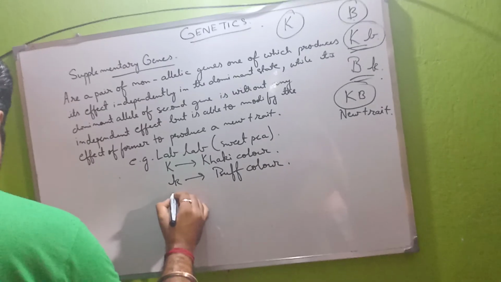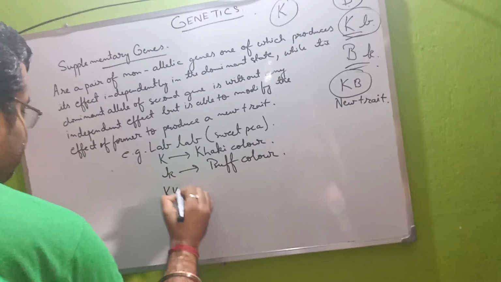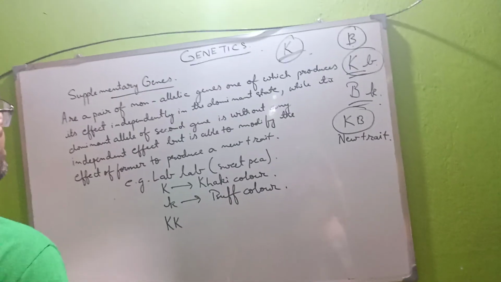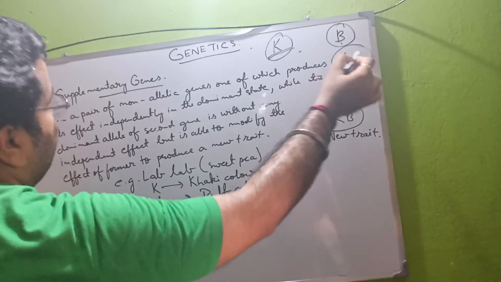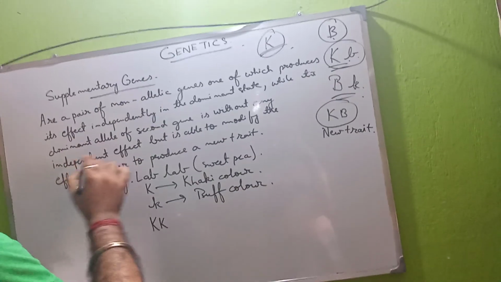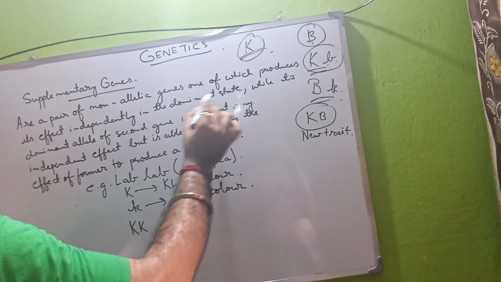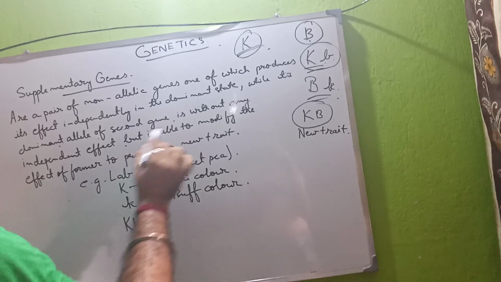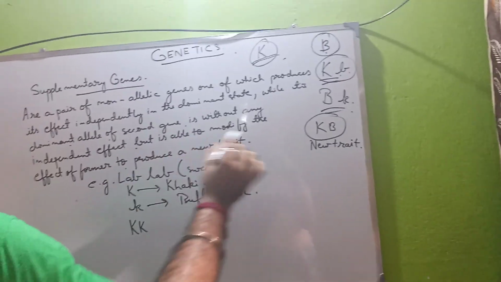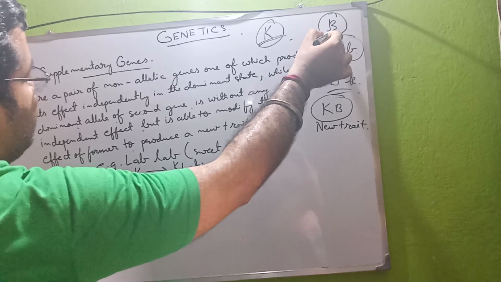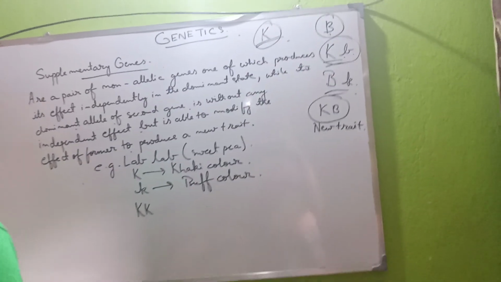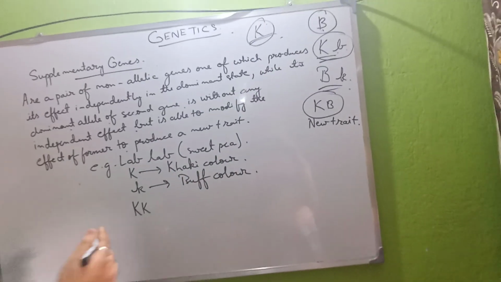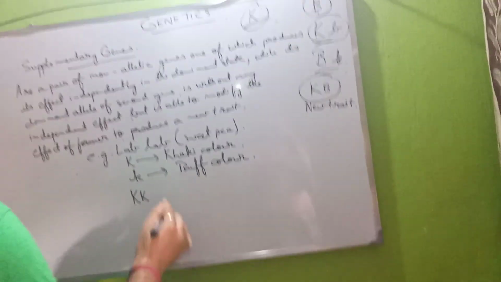So let us take two parents, and over here the K gene is the one which can independently express itself even in the presence of the B gene. The dominant allele of the second gene is without any independent effect but is able to modify the effect of the former to produce a new trait. But this B gene will never be able to express independently if the K gene is present in the dominant state.